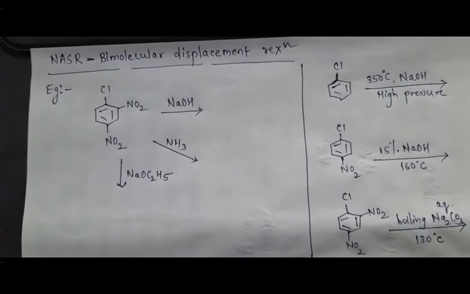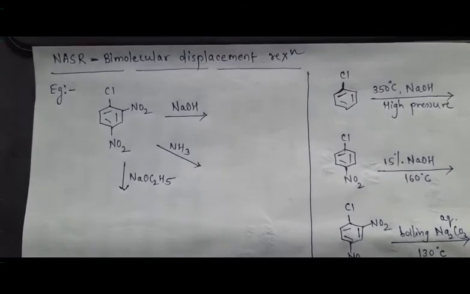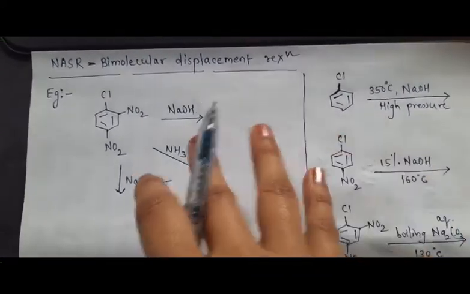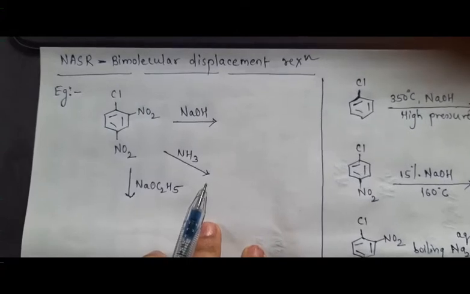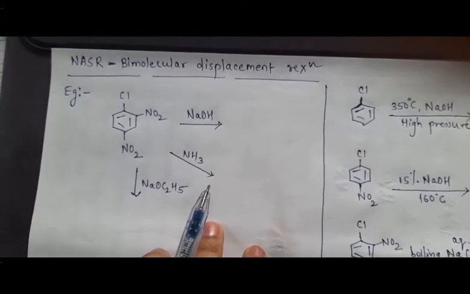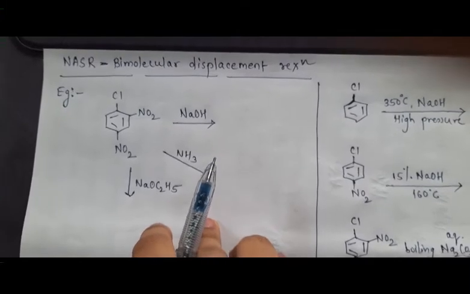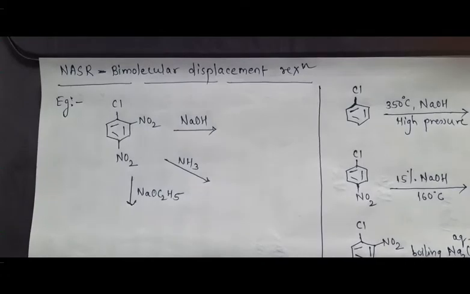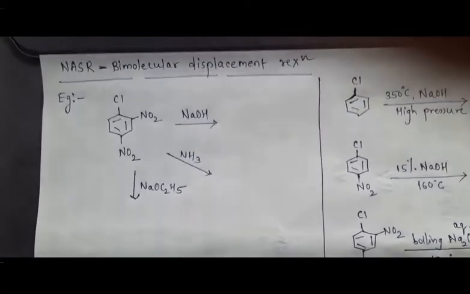Okay, so now let us start in detail with nucleophilic aromatic substitution reaction belonging to the first class, that is bimolecular displacement reaction. Let us see a few examples of the compounds which will give you this bimolecular displacement reaction, and as the name indicates, it is a nucleophilic aromatic substitution reaction wherein your halide is getting replaced by the nucleophile.